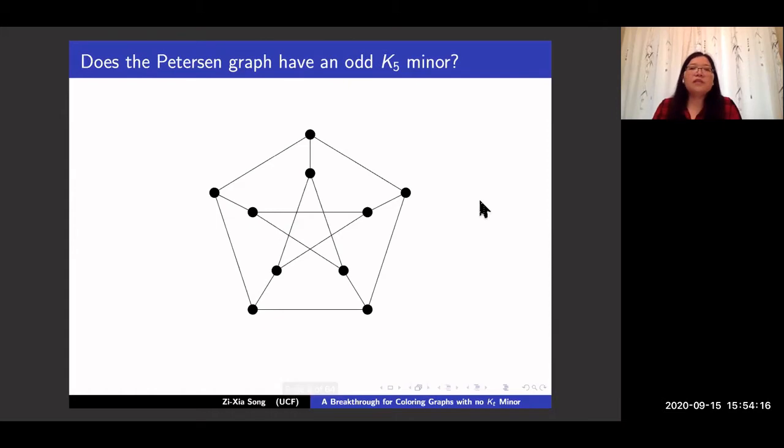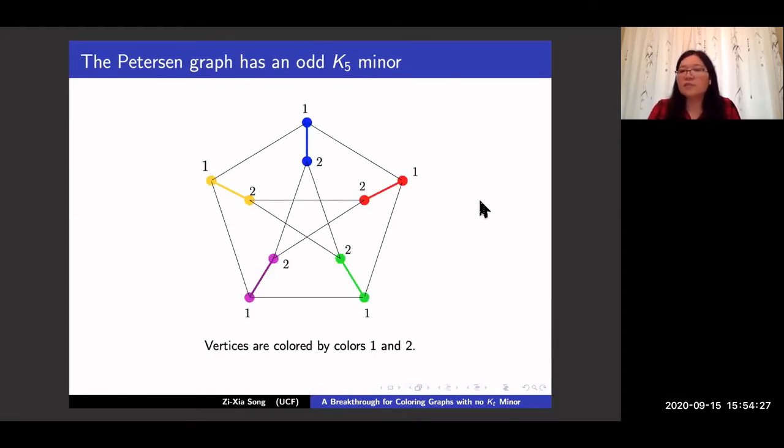So for example, you can ask yourself, does the Petersen graph have an odd K5 minor? If you think a little bit, you will see the answer is yes. Now this colored edges gives you 5 different trees, and the vertices are colored by colors 1 and 2. And then you see an odd K5 minor.